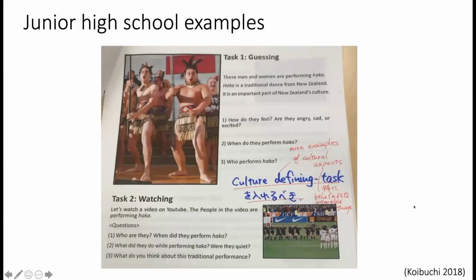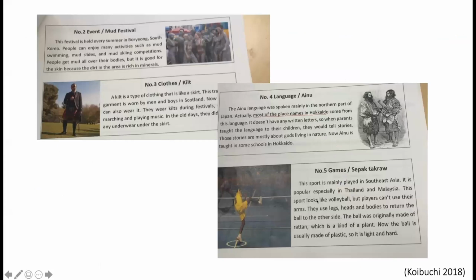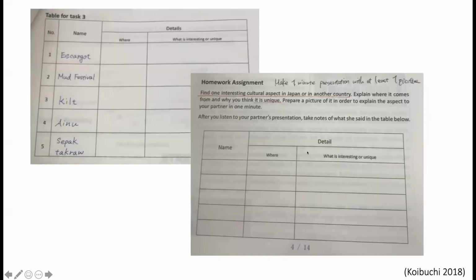This is an example from a third year junior high school CLIL unit on multiculturalism. As you can see, it's organized into tasks. And students learn unique or interesting things about various cultures. And then as homework, they need to find an interesting cultural aspect of Japan or another country on their own.